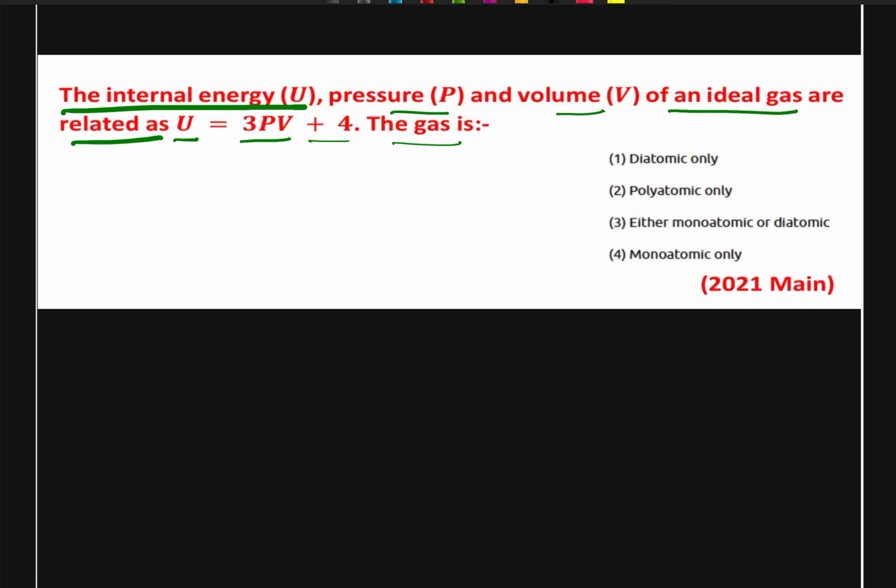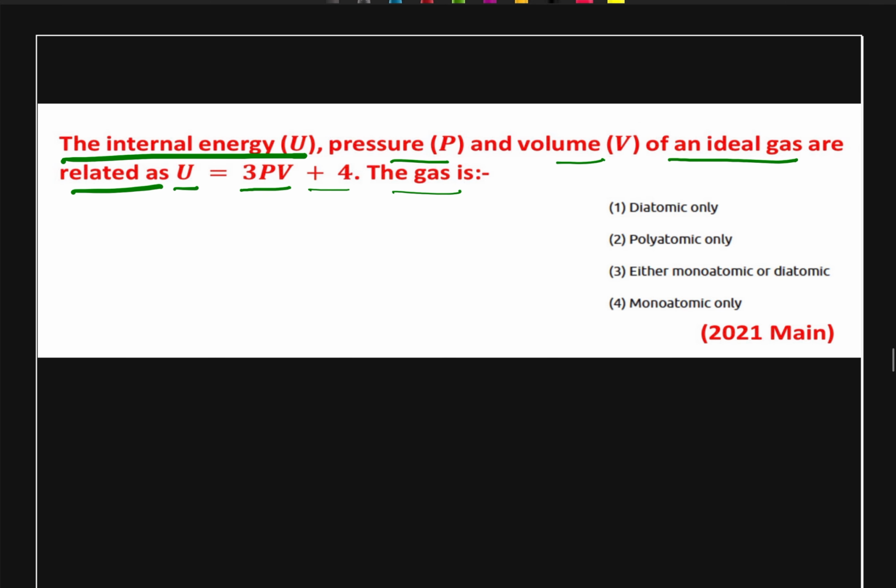And the equation is given to us with respect to internal energy. We know the relationship between internal energy and our temperature as well as the degree of freedom.